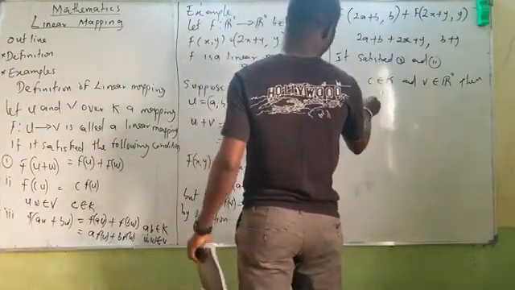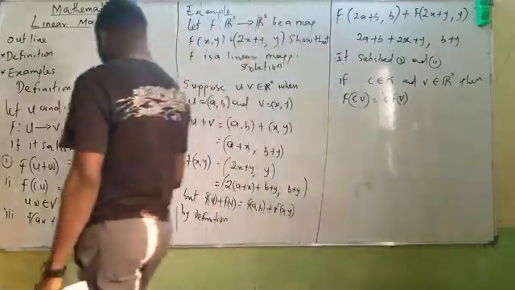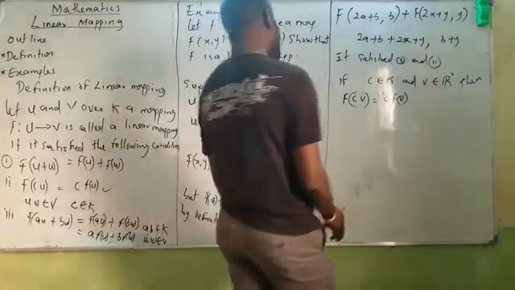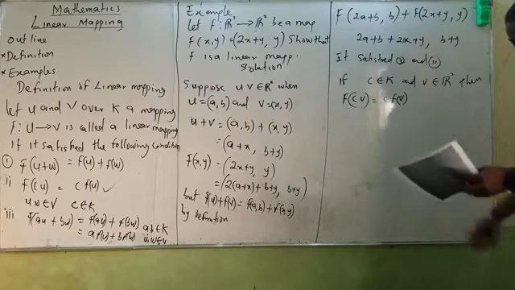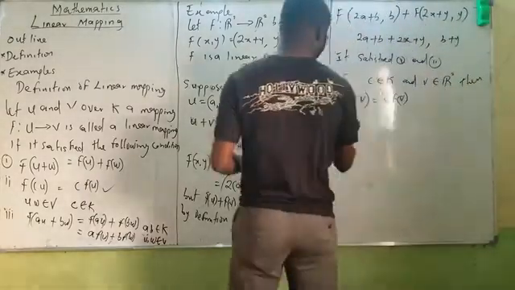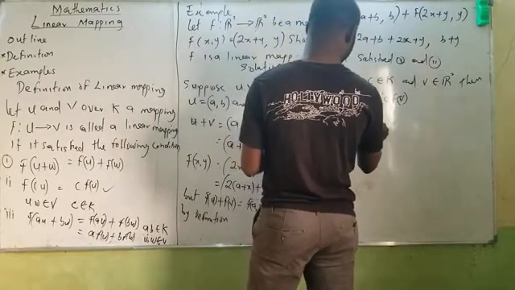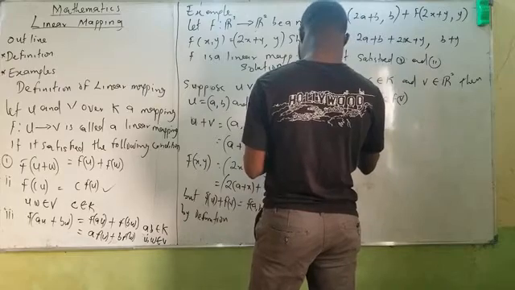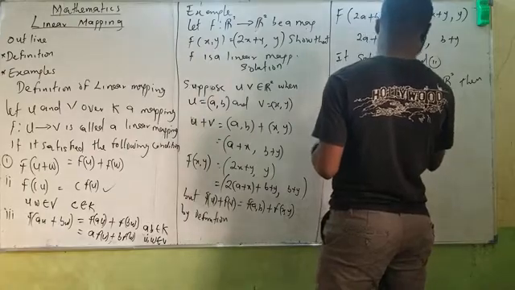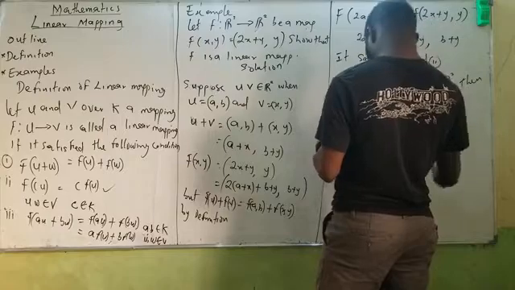Now, f of cv will be equal to c f of v. What I need to do is go back to where I'm coming from. It means I will have f of (cx, cy) will be equal to f of (cx, cy).